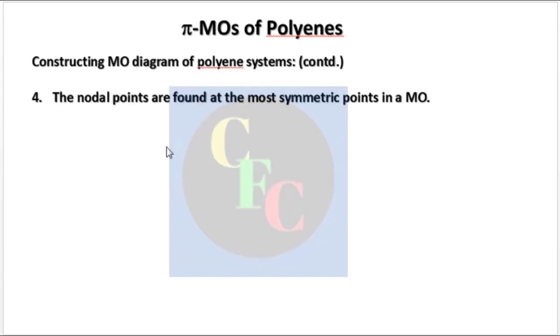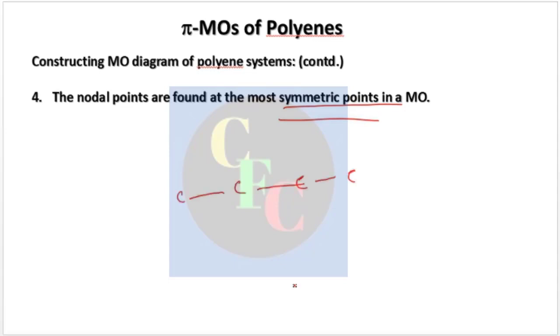And the fourth point, an important one, is that when you construct nodes, you must place them at the most symmetric point. What does this mean? Suppose we have a butadiene type of system, so there are 4 carbons and 3 carbon-carbon bonds. If you have to put one node, you cannot put it here or here, because these are not symmetric. You have to put it in the middle, because this is the most symmetric position.